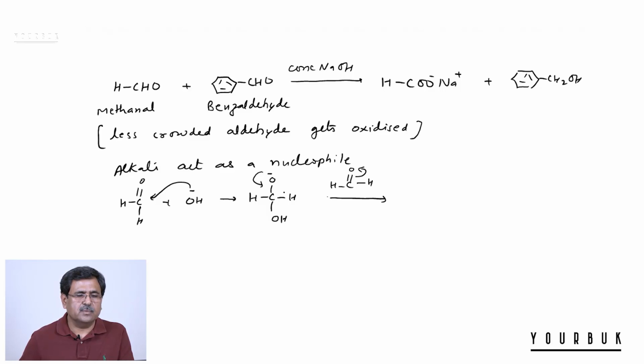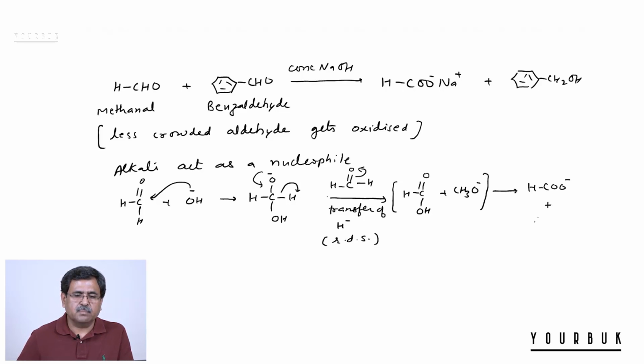And the second step involves the transfer of hydride ion. And this is the rate determining step. To give methanoic acid, plus this is called methoxide ion. But methoxide ion is a very strong base, giving a formate ion plus methyl alcohol.